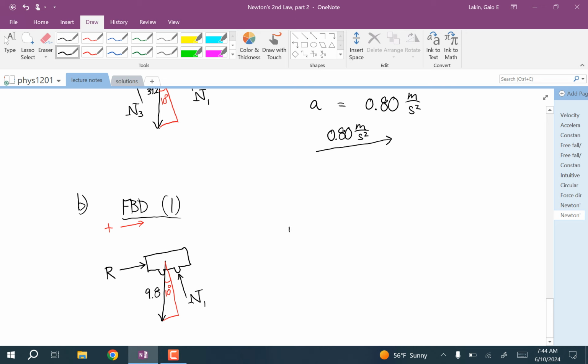So Newton's second law says R minus 9.8 times, not the cosine, the sine, SOHCAHTOA. The N doesn't show up, and this is equal to the mass times the acceleration, which was positive 0.80.